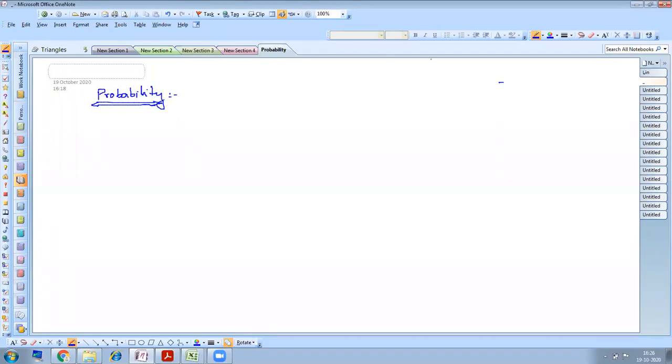So if I'm tossing a coin, based on my previous experience, I can find out it may be tail or it may be head. Before getting the result, both have the same chance. So how many possible outcomes? That is called number of trials.